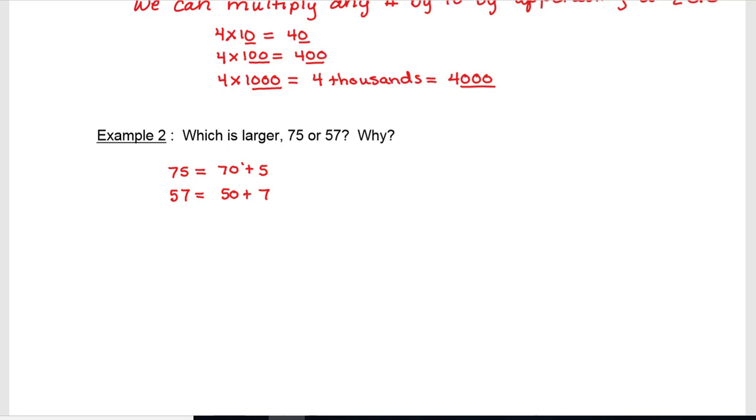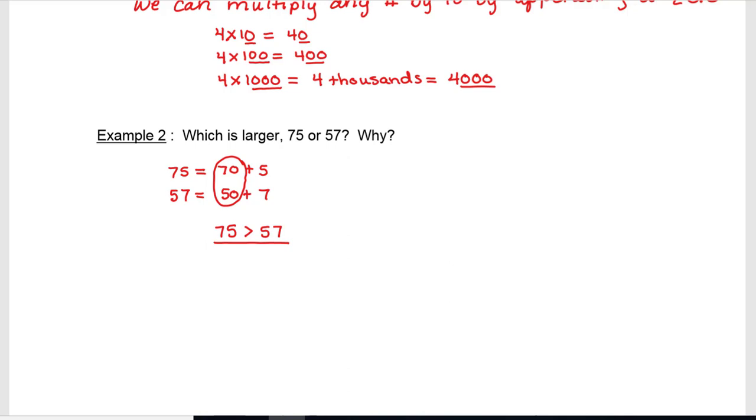And you're hoping that, hey, 70 is more than 50, so therefore 75 is greater than 57. And so that's one way.